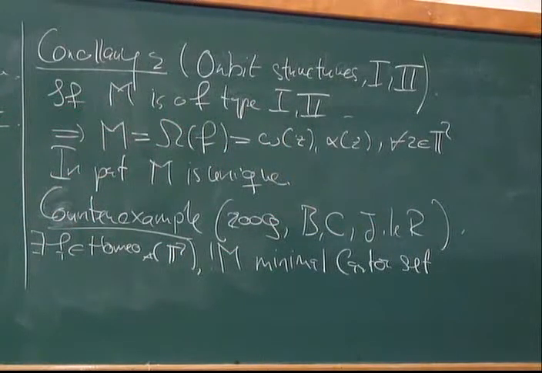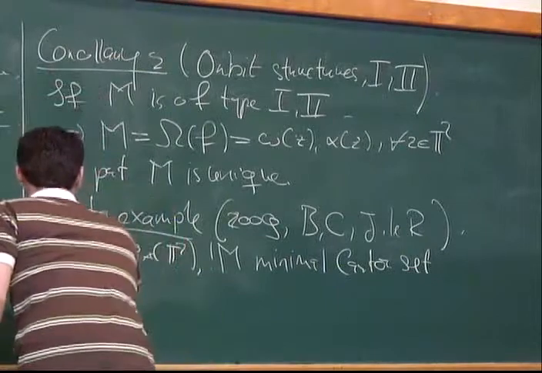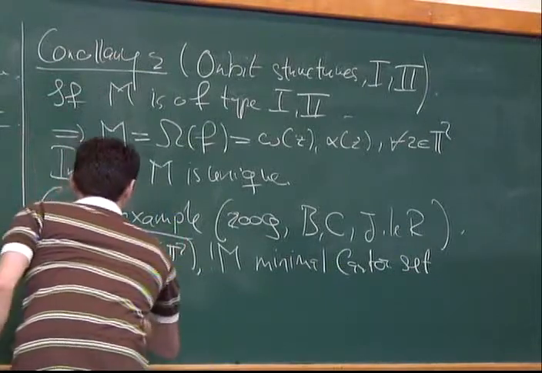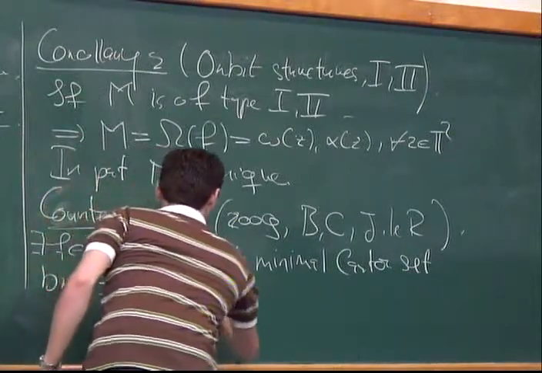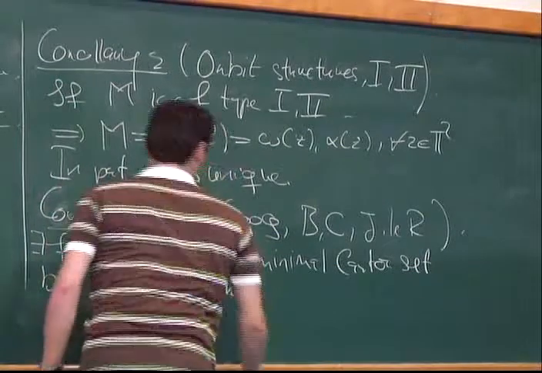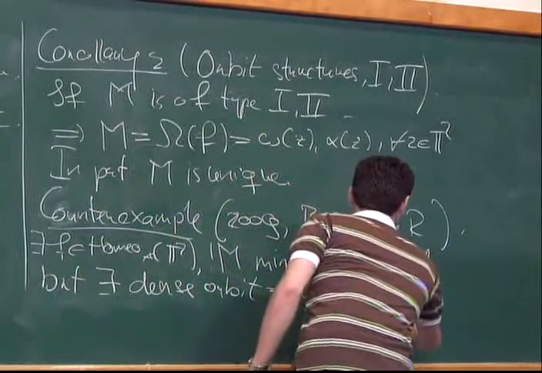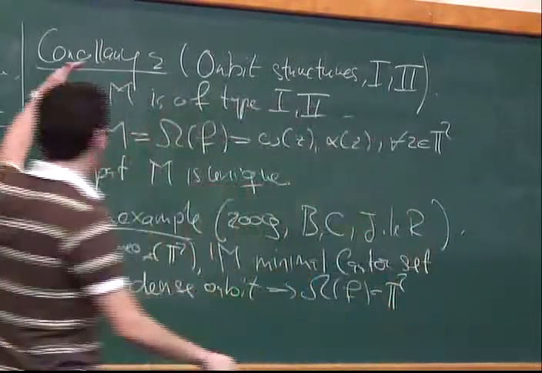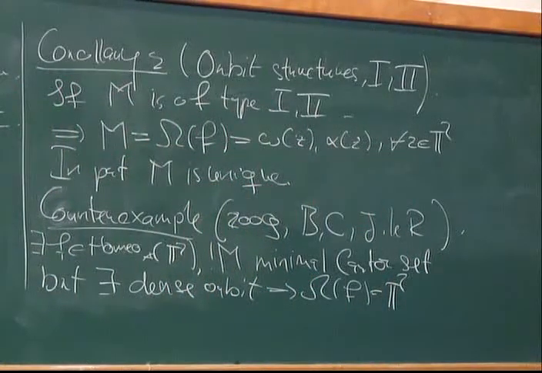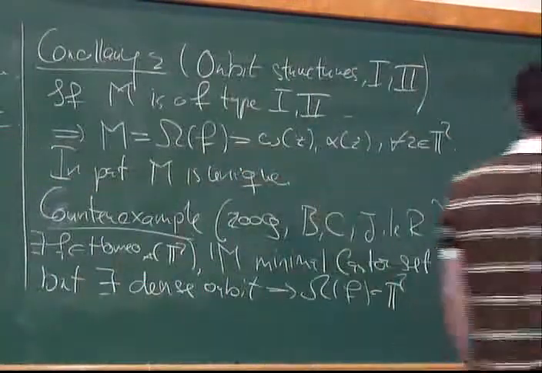So the non-wandering set is the whole torus. So type 1 and 2 things behave well, and type 3 things may or may not behave well. Sometimes it does behave well, sometimes it doesn't.